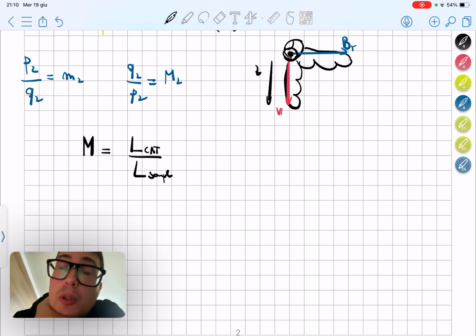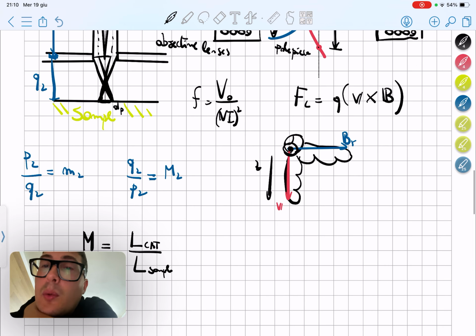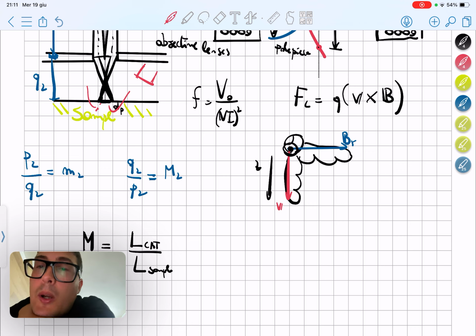As I told you, the electrons will interact with the sample. Electrons will have scattering. We will speak about this, but the important part is that they will be backscattered. As they are backscattered, we will place a nice detector which produces a signal, and this signal will be used to map the topography of the sample and plot it onto a screen.